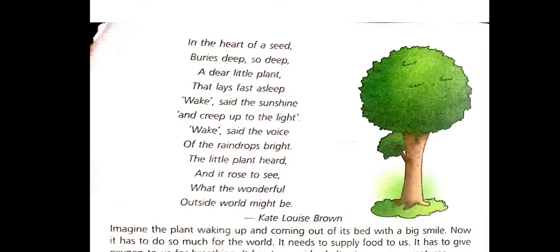And when the plant comes out from the seed, it wants to see the wonderful world. What is there in this world? So this poem is about a small plant.